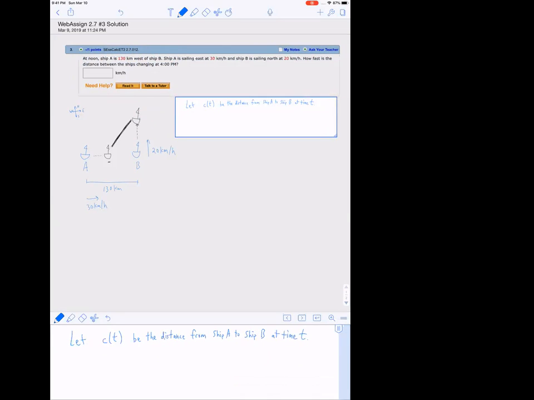So maybe the positions of ship A and ship B, or the distances that they've traveled, maybe those are important quantities as well.